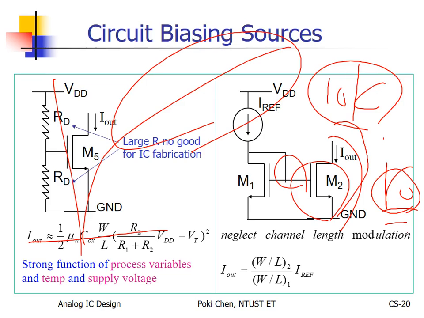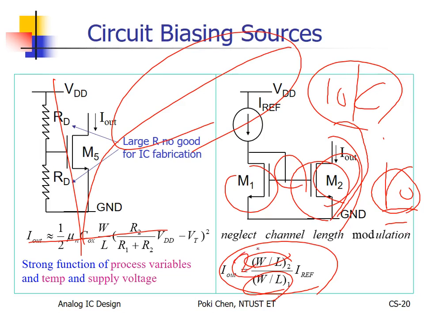And again, how to match the current? Just like this, I out, I in. It depends on the aspect ratio of 2-to-1. But again, you say, hey, how to generate 2 times larger, 3 times larger? Because in theory, I just increase the aspect ratio for the output MOSFET by a factor of 2, right?